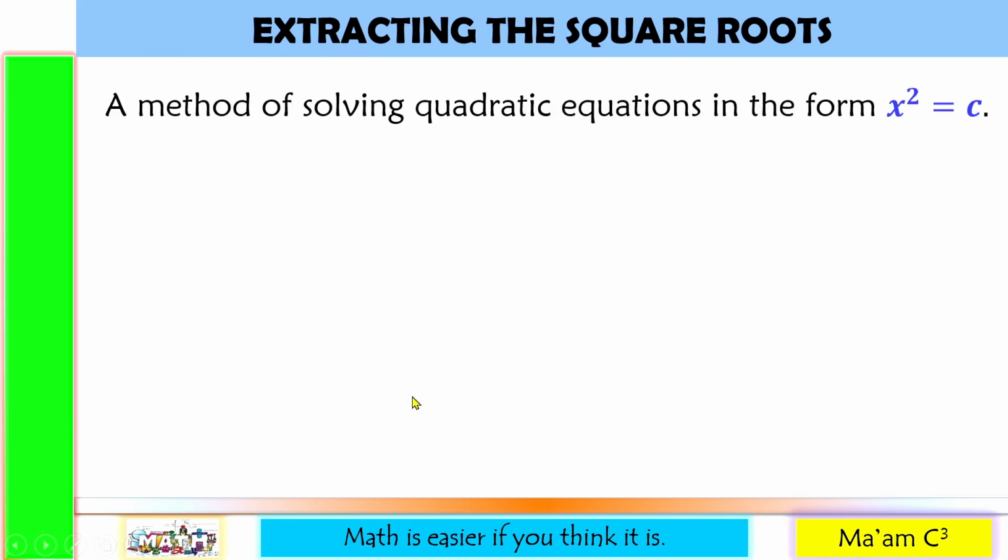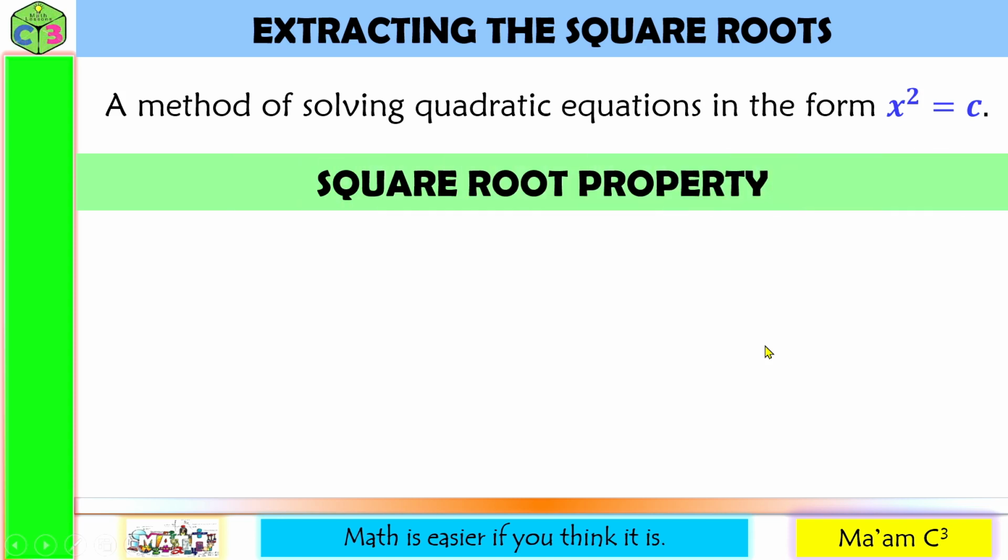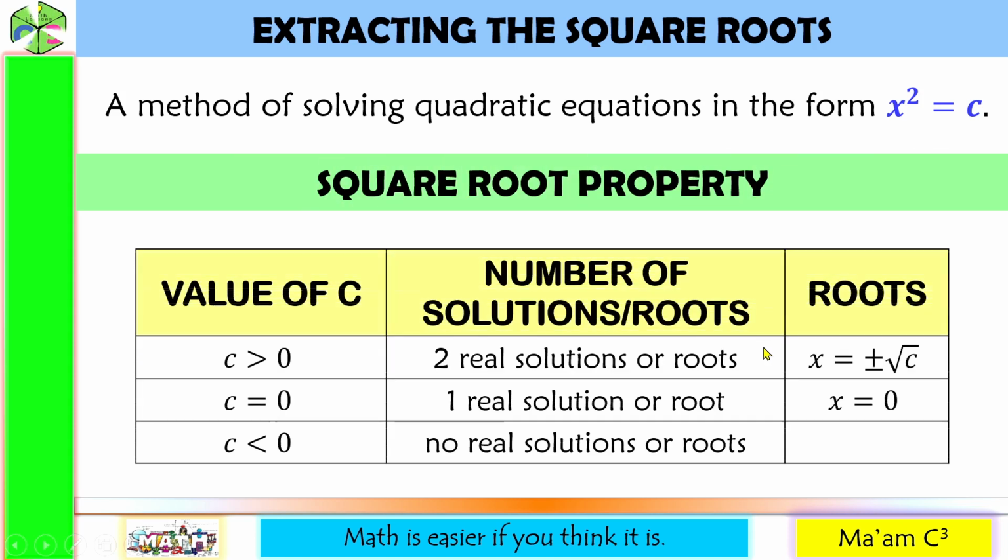It is a method of solving quadratic equations in the form x squared is equal to c. It would help us if we know the square root property. The square root property tells us the number of solutions or roots depending on the value of our c here. So if our c here is greater than 0, then expect two real solutions or roots, the positive and negative square root of that number.